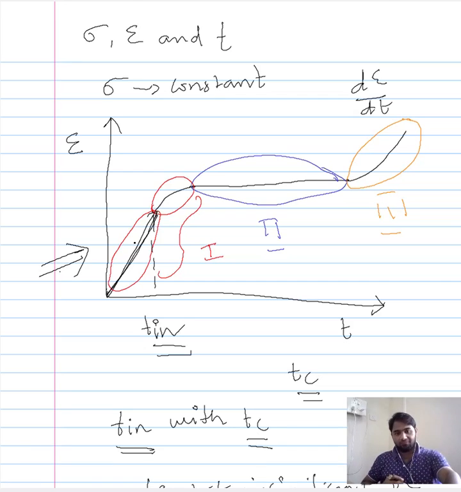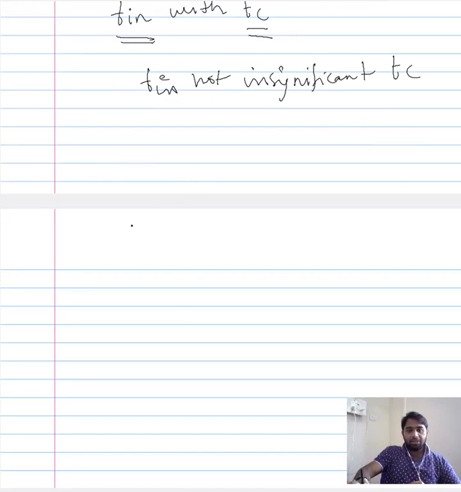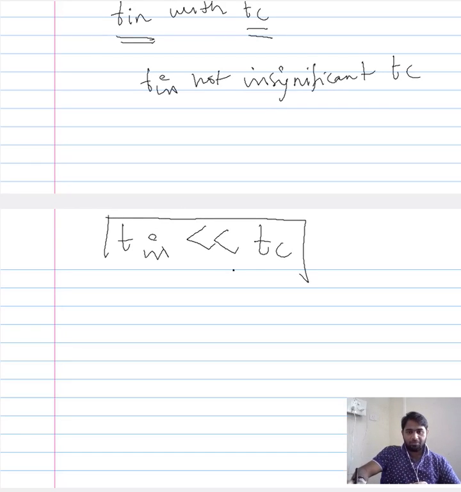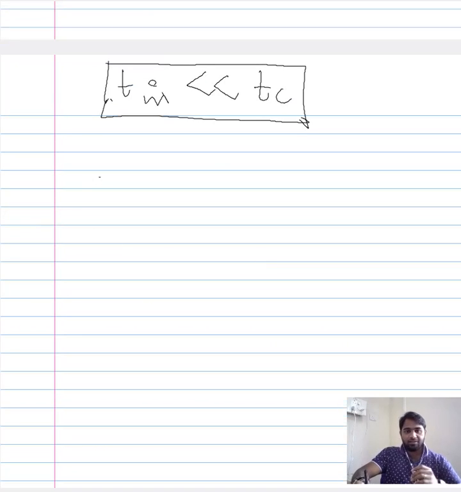Now, what if the time taken for the instantaneous creep is very much less than the overall creep testing time, or the overall duration over which the material survives before it fails? What if this condition prevails in a crystalline material? Under this condition, the creep curve would look something like this.